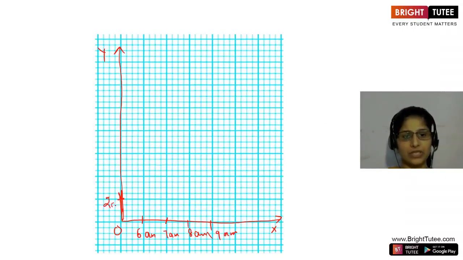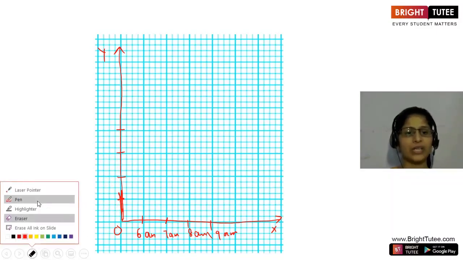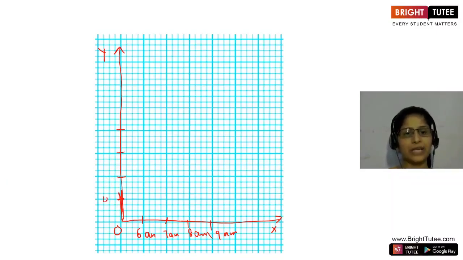So we'll represent, suppose this as 20, or we can just start with 40 also. So 20, 40, then 60, then 80, like this we can represent. Also you can just represent with another value so that all the values come up here. So I'm taking this as 40, this as 80, this as 120, this as 160.